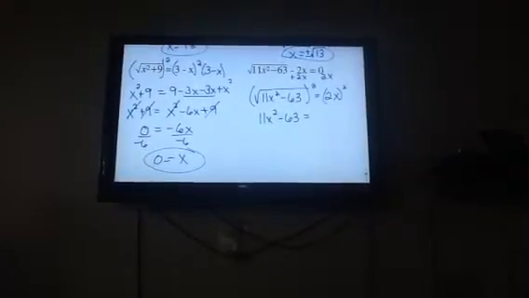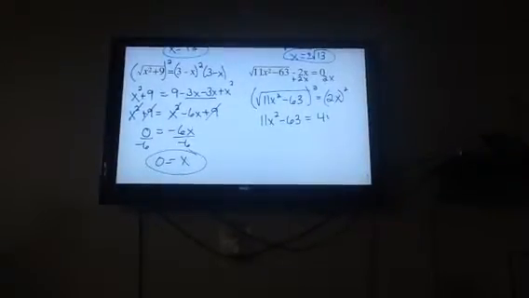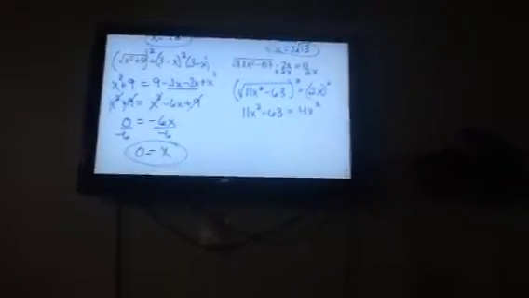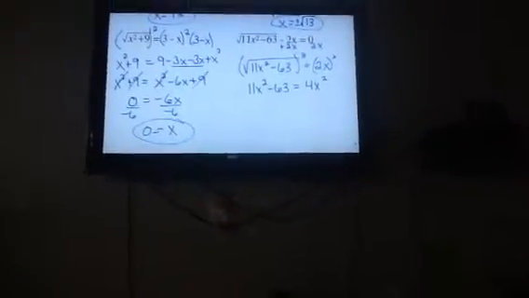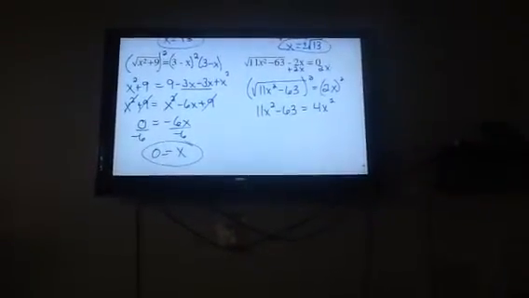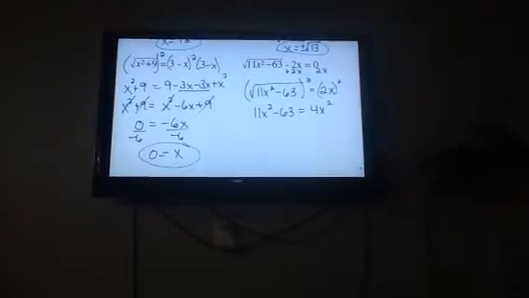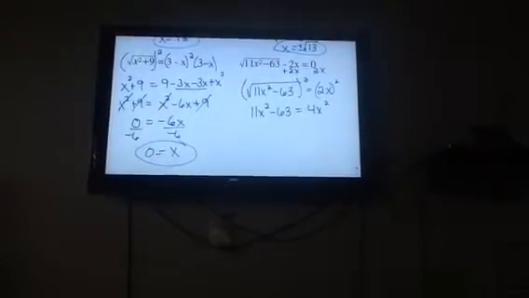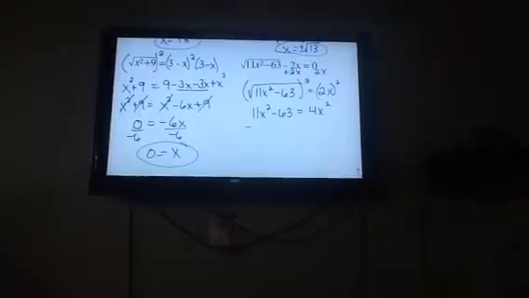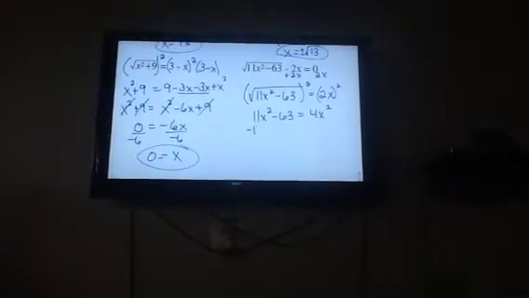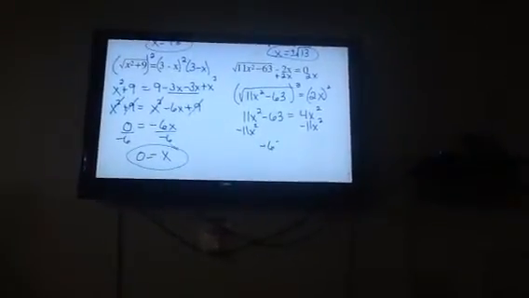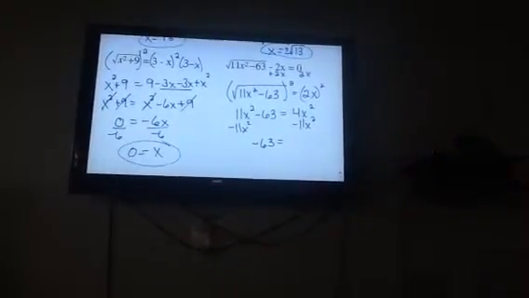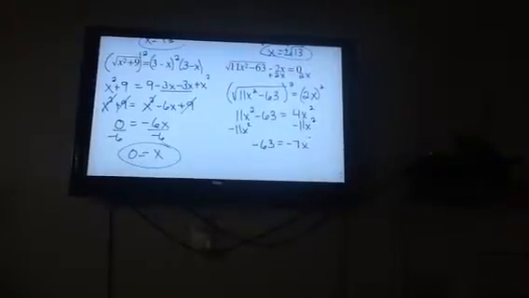And on the right side, 2x times 2x is 4x squared. So we have a squared term, a quadratic term, and we have a constant term. That's when you use the square root method. So I'm going to subtract my 11x squared. So when you use the square root method, you get the constant to one side and your squared term to the other side.